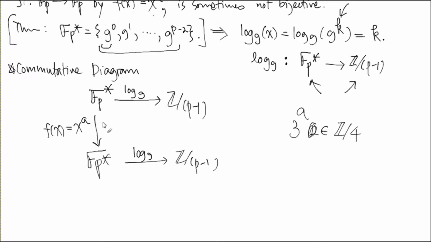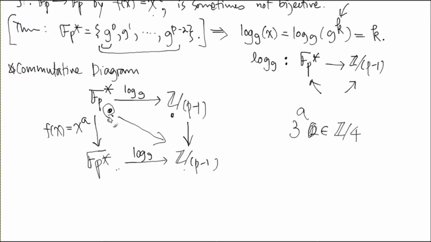Think about it here. This is the commutativity. If you start with an element in F_p star in the upper left corner, you go across by log g, and you make the map in here. If you raise to the a-th power, you land somewhere else in F_p star, and then you do log g. So there are 2 ways to get from here to there: raising to the a-th power and going this way, or doing log g first and something else later. So that this map lands at exactly the same thing.